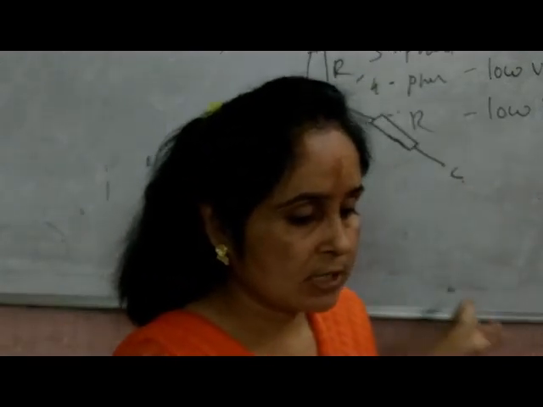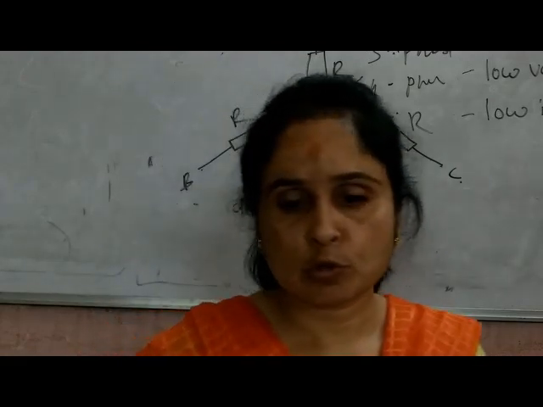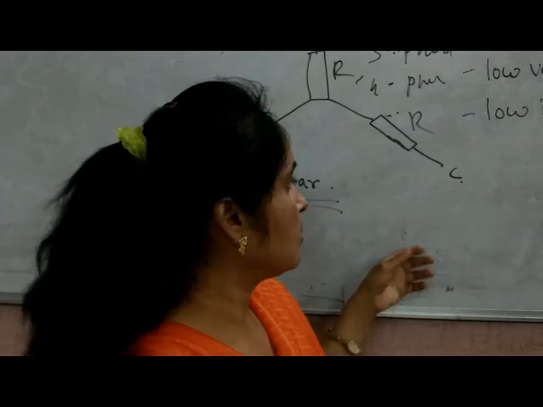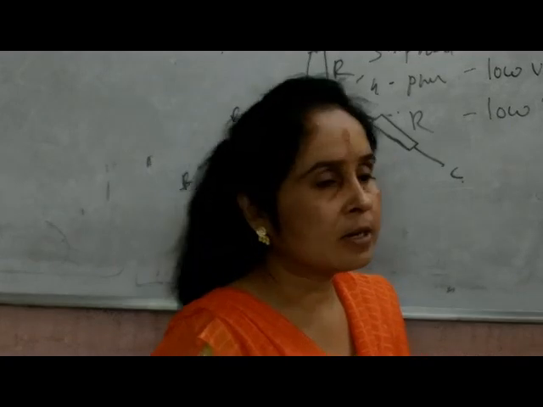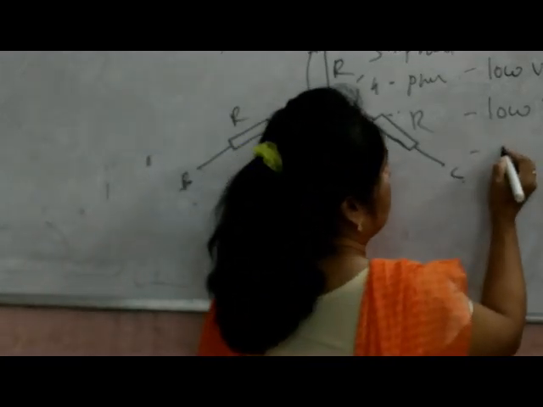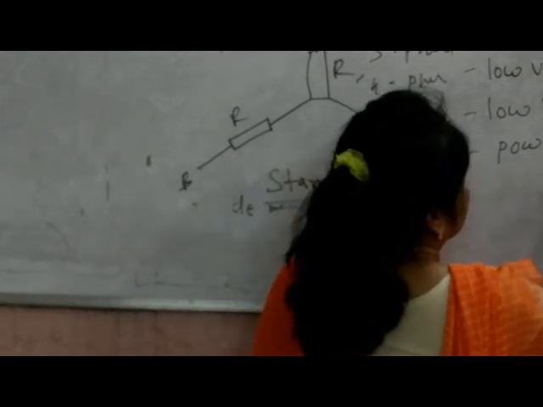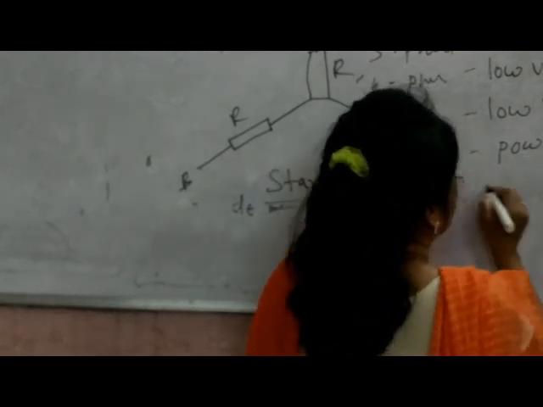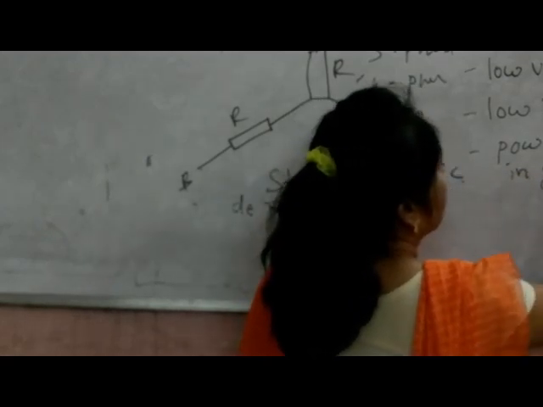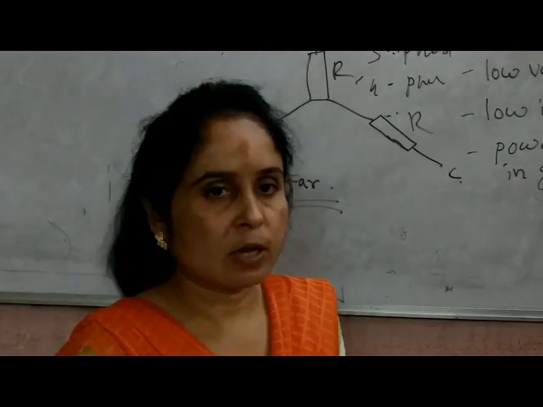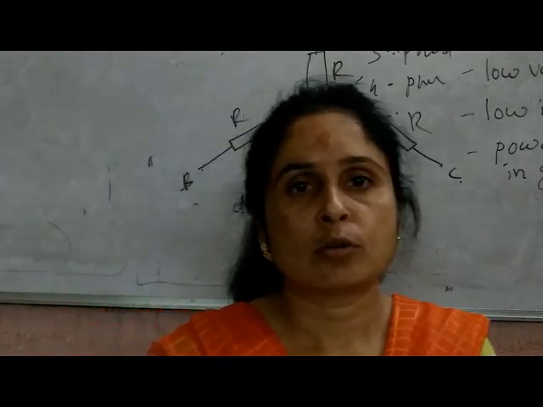Power transmission in the star connection system is in general and typical form. So in this way we have explained star and delta connections. Thank you.